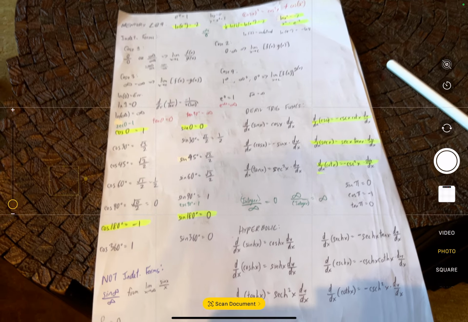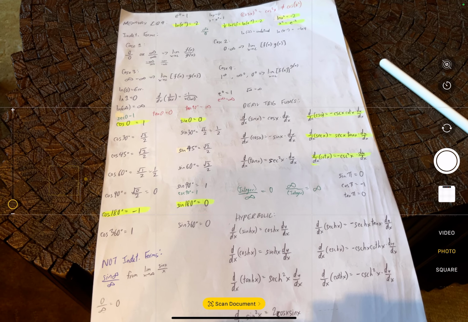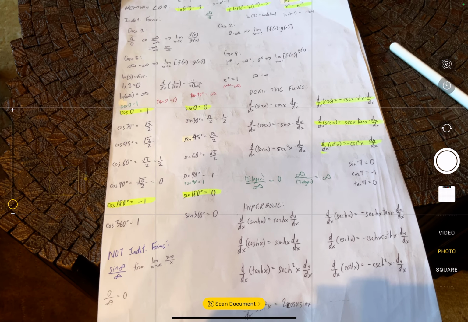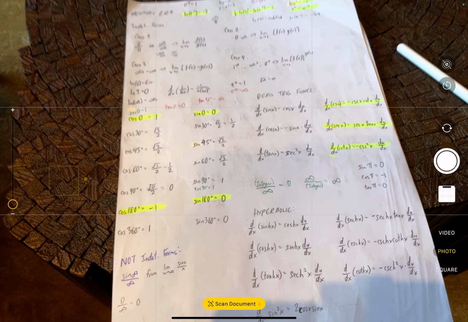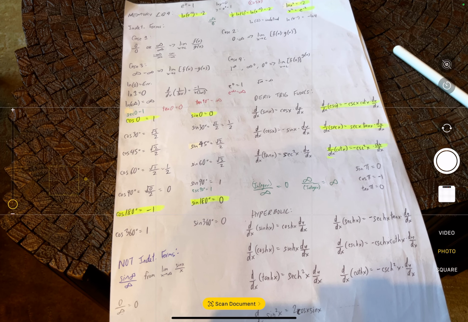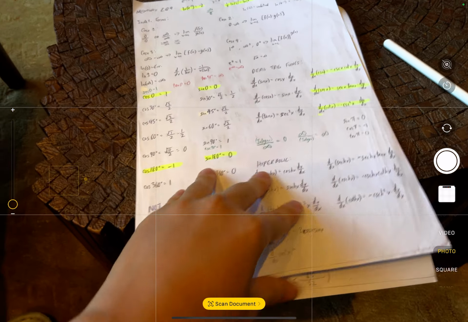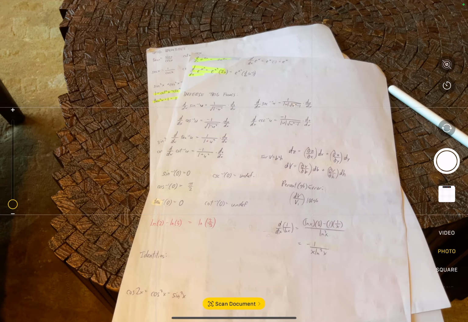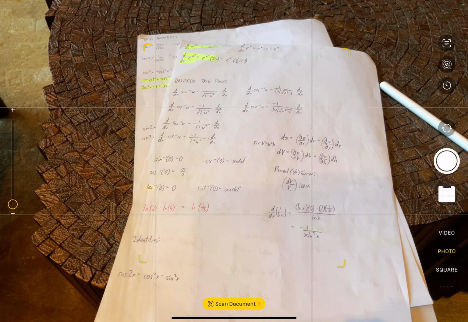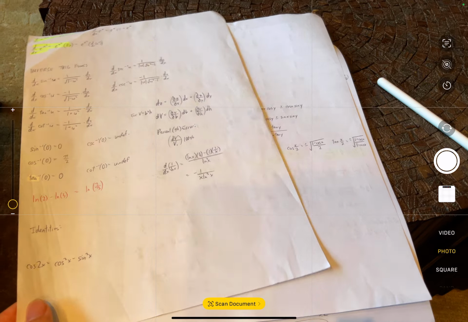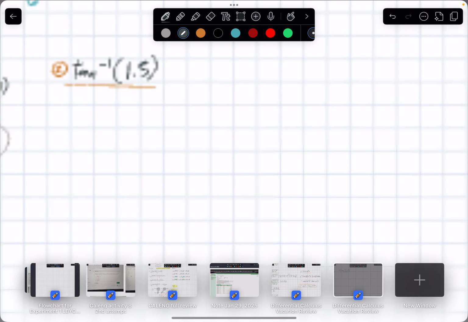This paper is for the last lessons, more specifically solving limits using L'Hopital's rule. What else? Partial derivatives. So yeah.